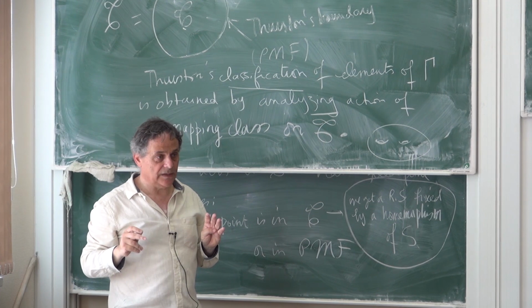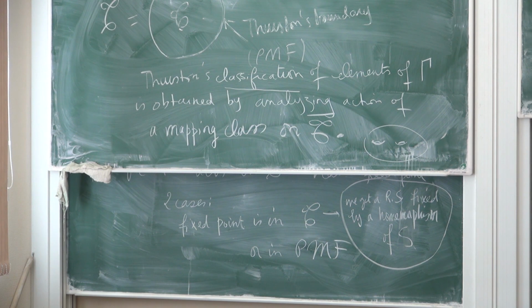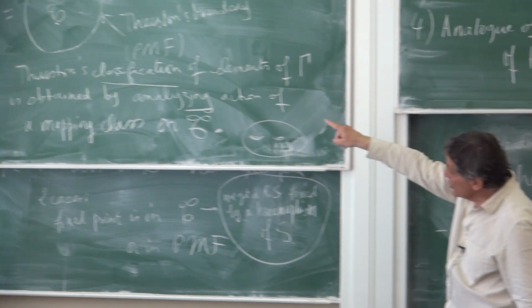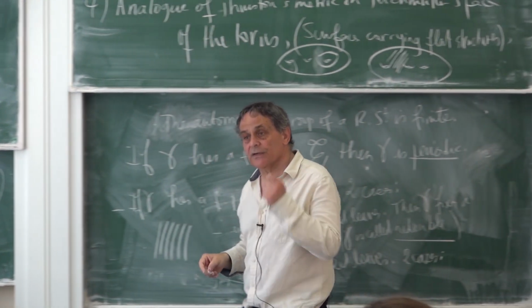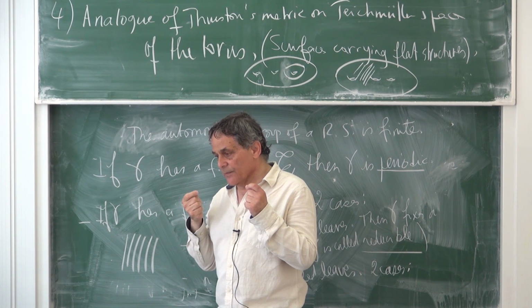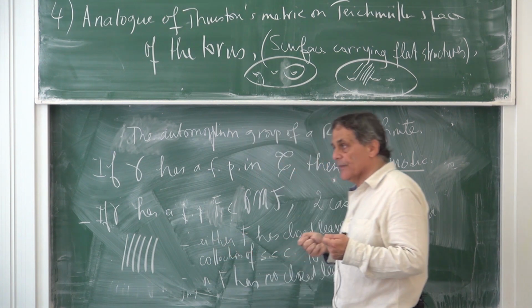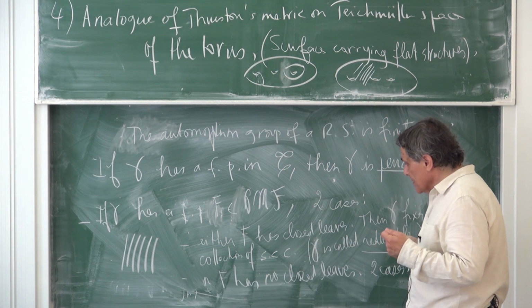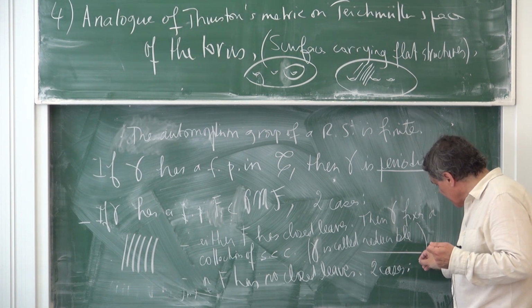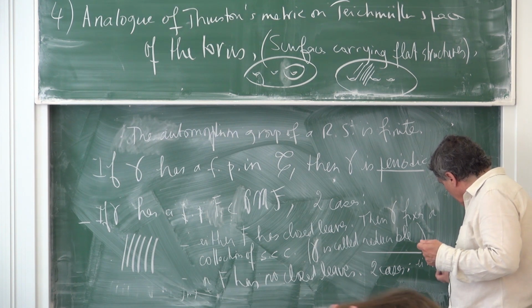So action on PMF means that I have a measured foliation, and when I said that I have a fixed point on the boundary, it means a measured foliation which is preserved up to a constant multiple, right? And this constant multiple is either equal to 1 or different from 1.